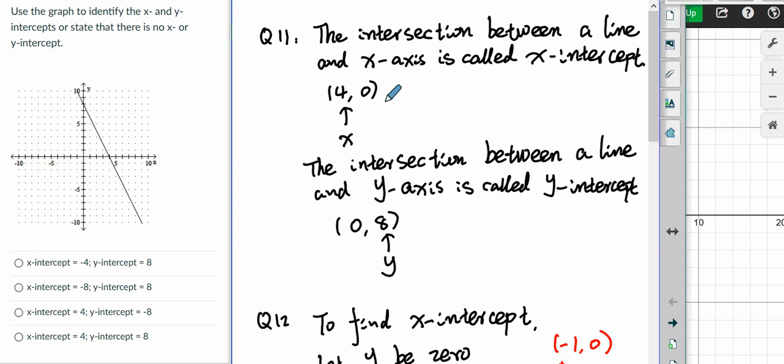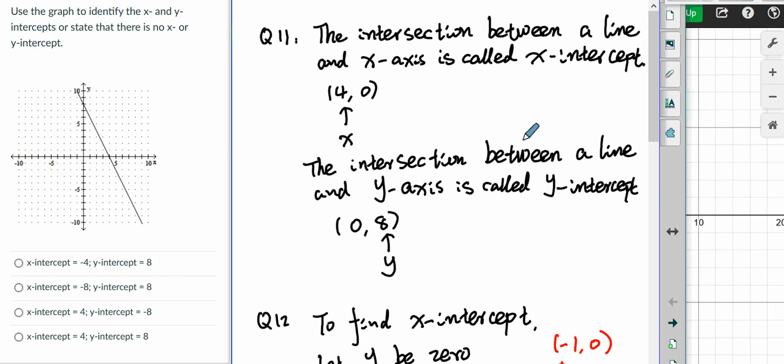Keep in mind, any point on the x-axis has y coordinate, the second coordinate, 0. Any point on the y-axis has the first coordinate, the x coordinate, 0, and the y can be 0 or not 0.